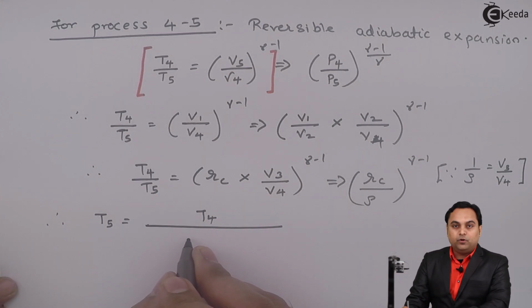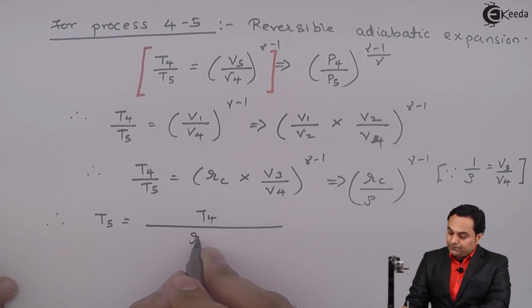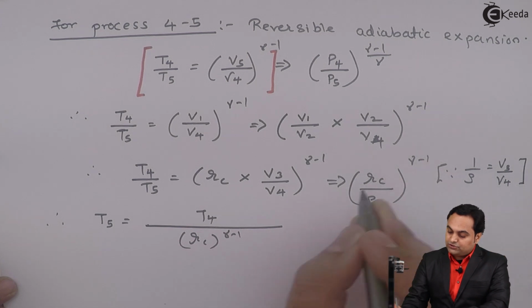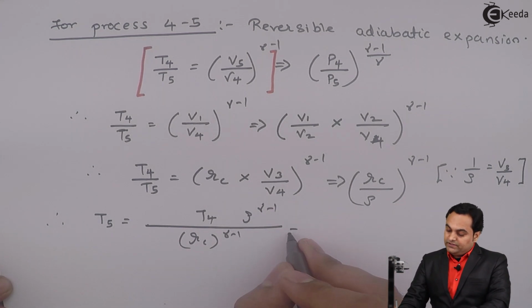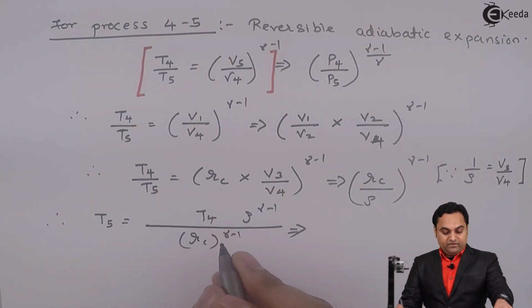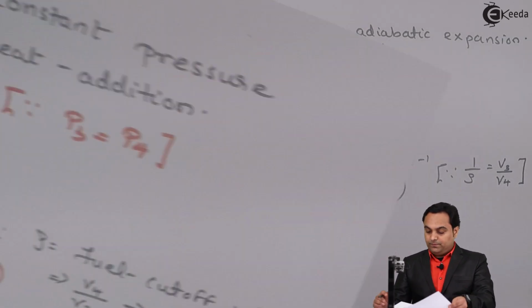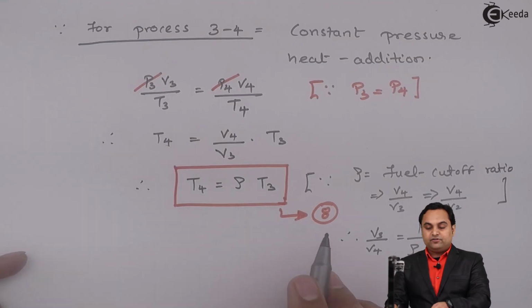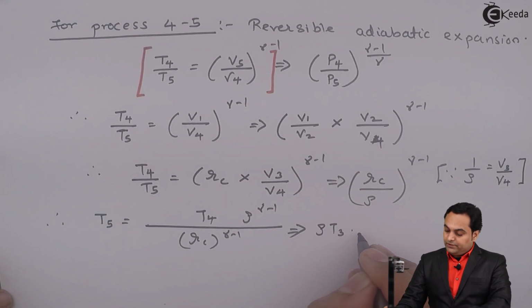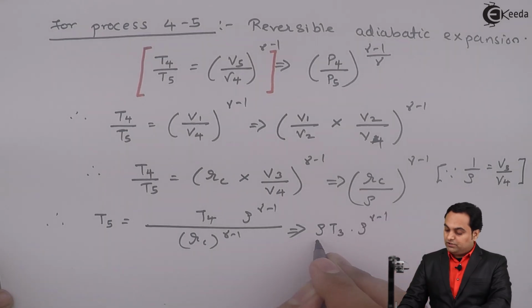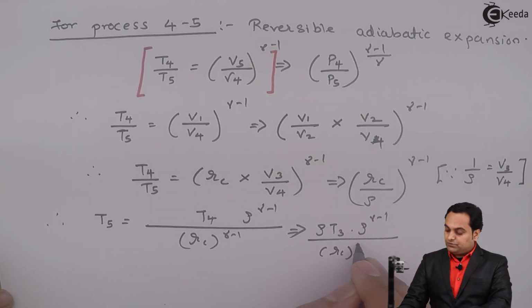So T4 upon RC raised to gamma minus 1, and this rho raised to gamma minus 1 will come into the numerator. Next, T4, we know that T4 is equal to rho into T3 from equation 8. So it is rho into T3 into rho raised to gamma minus 1 upon RC raised to gamma minus 1.